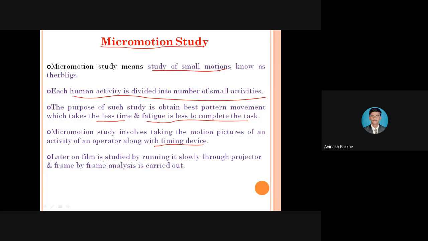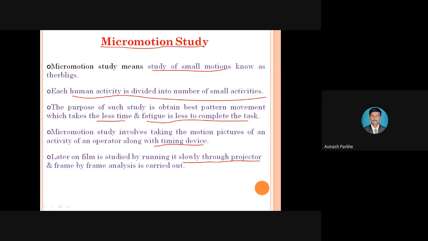Once all the recording is done and all the time is recorded, later on the film is studied by running it slowly on the projector. Whatever each and every movement we have recorded, we play using the projector, and through that we go for frame by frame analysis. For example, activity number 1. If I play activity number 1, we go for detailed analysis.